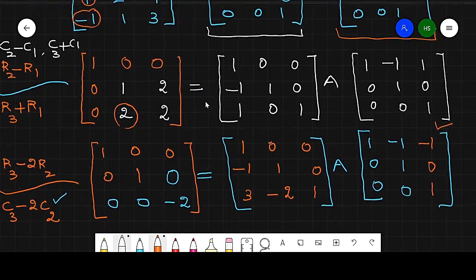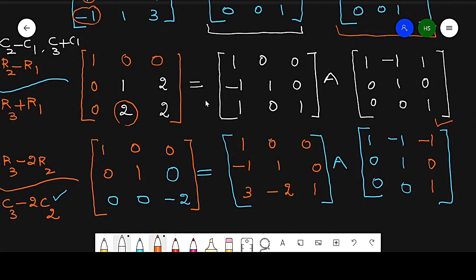So I just check C3. C3 is 1, 0, 1, and to make this operation C3 minus 2C2. So C3 minus 2C2, so 1 plus 2 it will be 3. So just correct this.